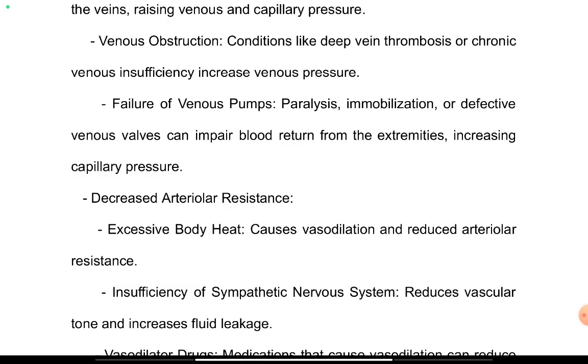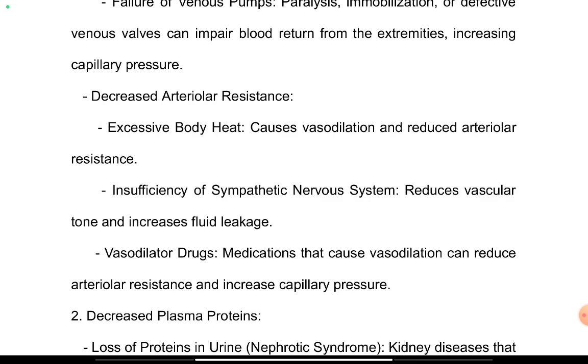In a situation when the valves are not working, valvular insufficiency of the veins, that can also lead to backup of fluid, and that will cause a localized edema, not a generalized edema. It will cause a localized edema around that region where there's a loss of venous valves. Okay, so all these things have been explained.